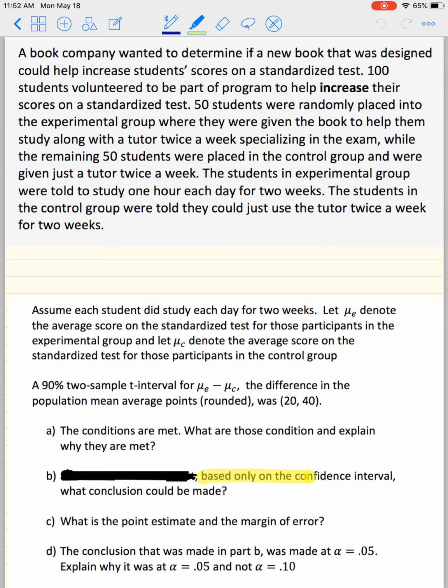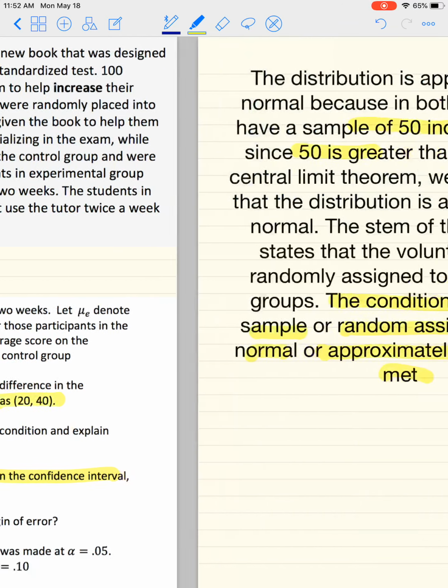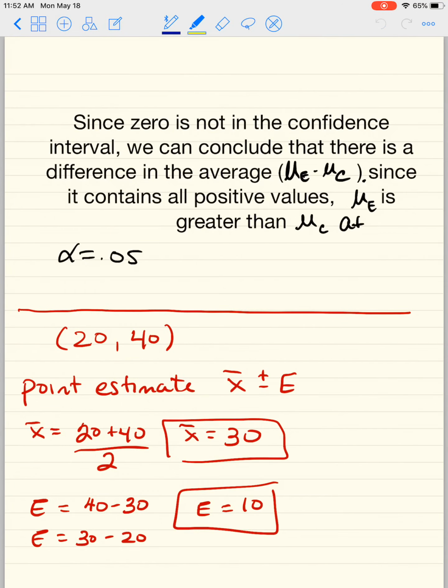Then I wrote here, based on the confidence interval only, what conclusion can be made? Well, the confidence interval was 20 to 40. Okay, so those numbers are both positive. Okay, so I wrote, since 0 is not in the confidence interval, we can conclude that there is a difference in the average. Since it contains only positive values, mu e is greater than mu c at alpha equals 0.05.